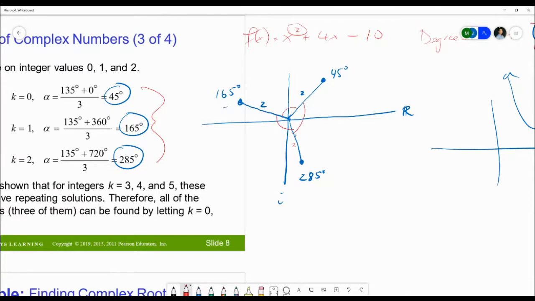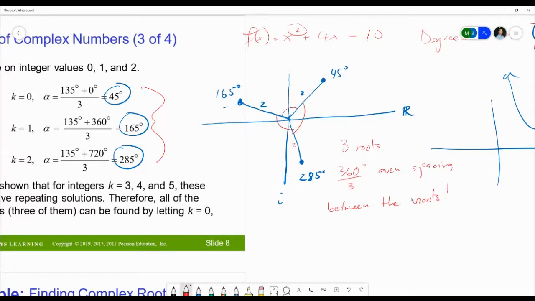I think they divide 2 pi into thirds. Exactly. It means you are taking 360 degrees divided by 3, even spacing between the roots.